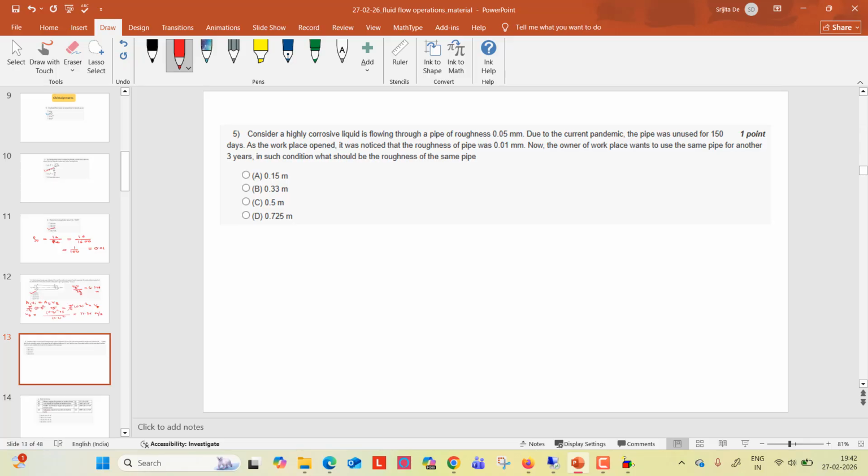Due to the current pandemic, the pipe was unused for 150 days. As the workplace opened, it was noticed that the roughness of the pipe was 0.01 millimeter. Now the owner of the workplace wants to use the same pipe for another 3 years. In such a condition, what should be the roughness of the pipe? Okay, tell me.